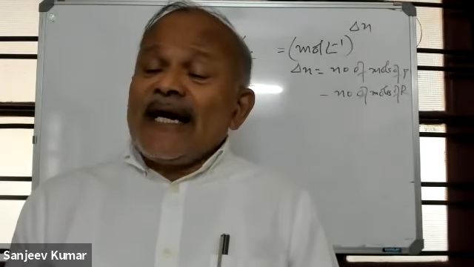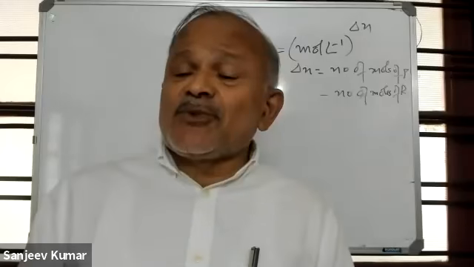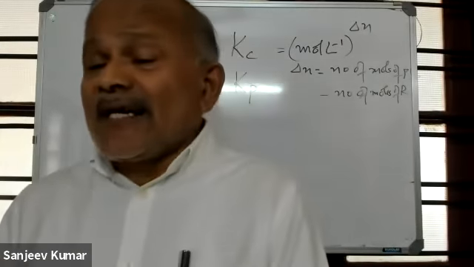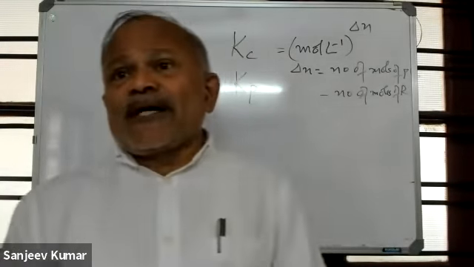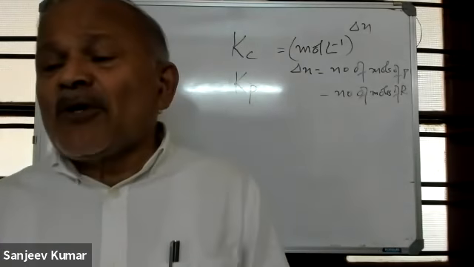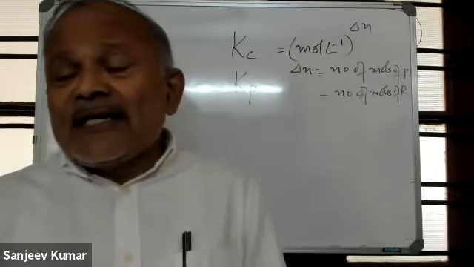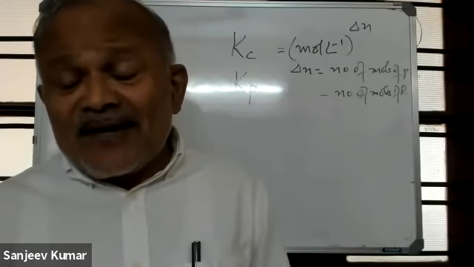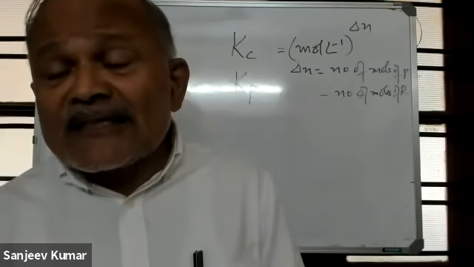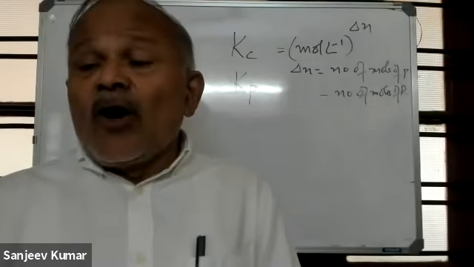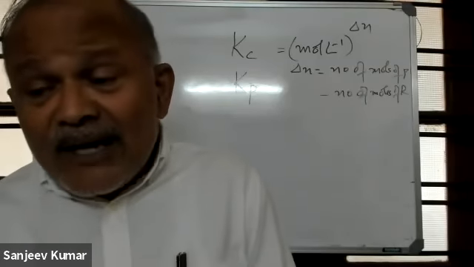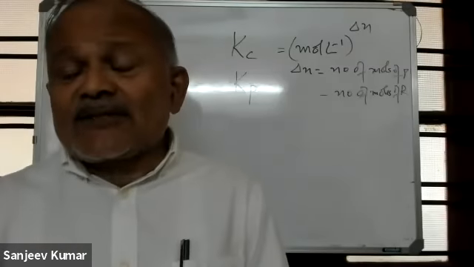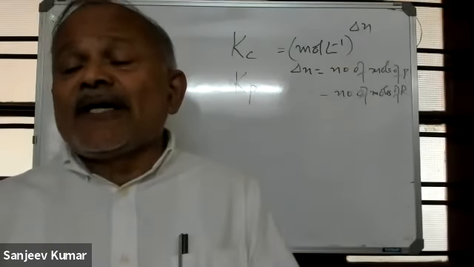But for the reaction N2 gas plus 3H2 gas give 2NH3 gas, number of moles of product is 2 and number of moles of reactants are 4. Delta n is equal to minus 2. Therefore, Kc has the unit mole per liter raised to minus 2, or liter square per mole square, or liter square into mole raised to minus 2.